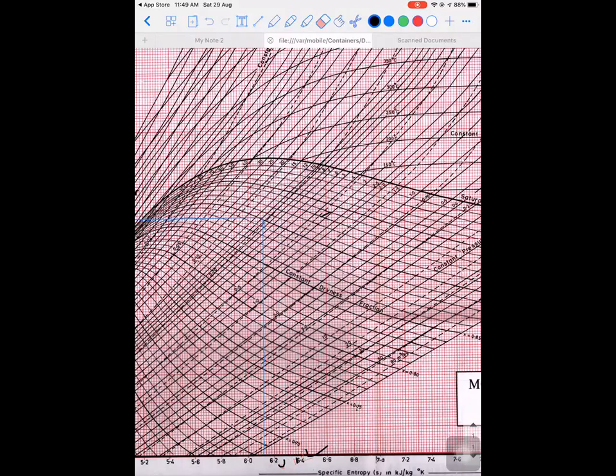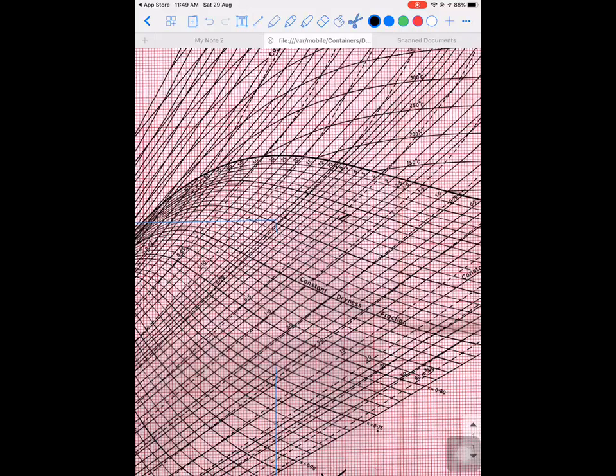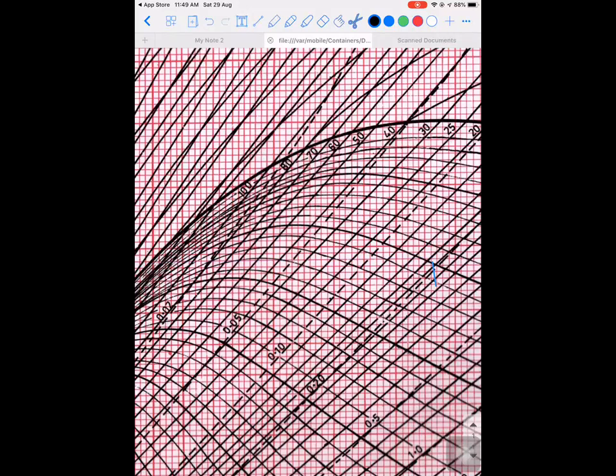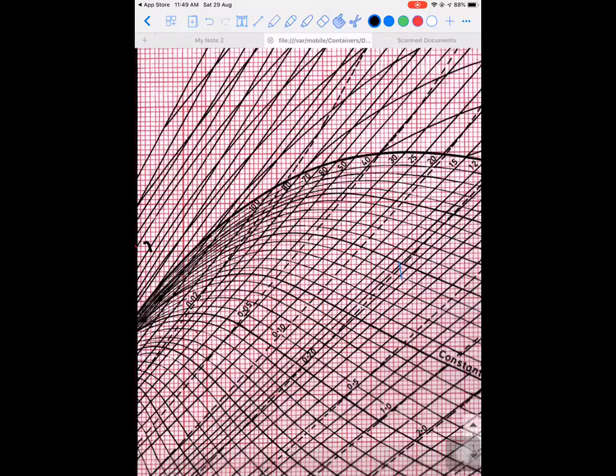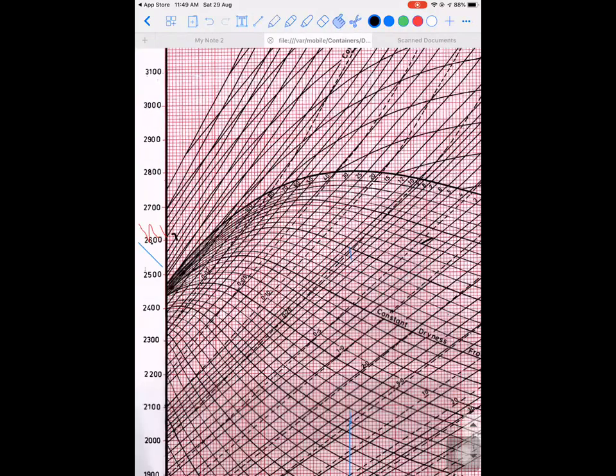Once the usage is over, simply erase the entire Mollier chart and make it usable as fresh.